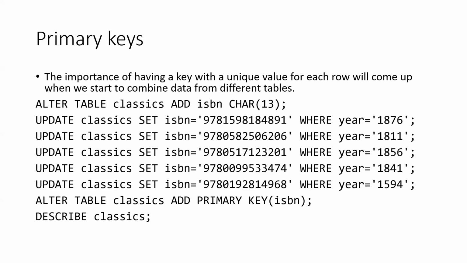Since we have unique years, we use those to update our table. And then once we did that, we defined ISBN as the primary key, right?